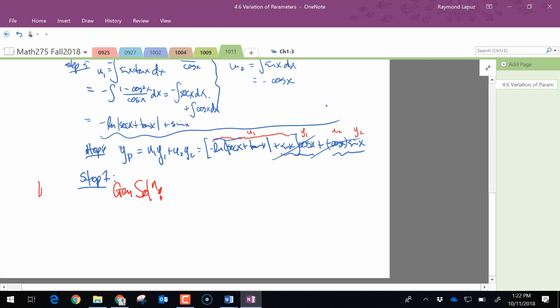The general solution is going to be the original C1 times Y1 plus C2 times Y2 plus the solution that we got here, which if we canceled the other stuff out, then we just get a minus. I guess this is a minus. And that's it.